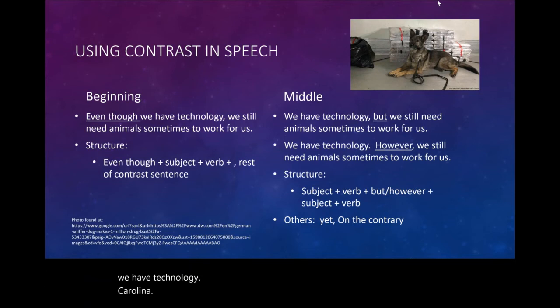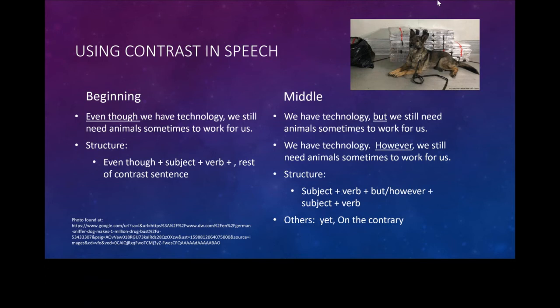How can we put on the contrary in the sentence that I put on the screen? I like to protect animals. On the contrary, I agree that sometimes we need animals to work for us.